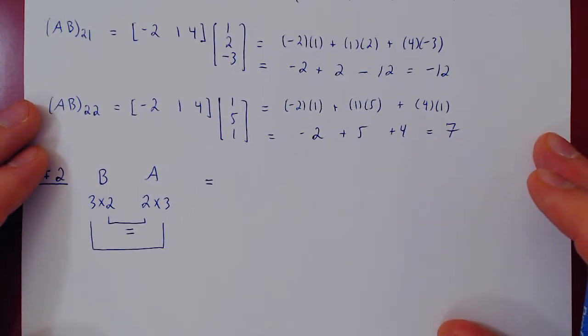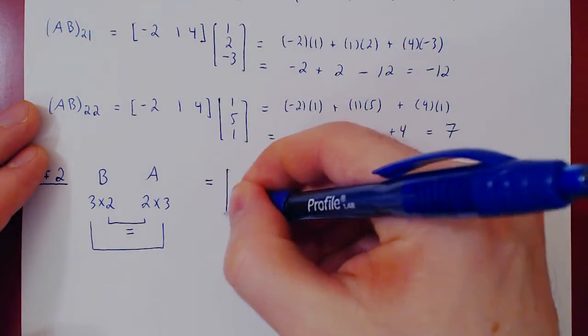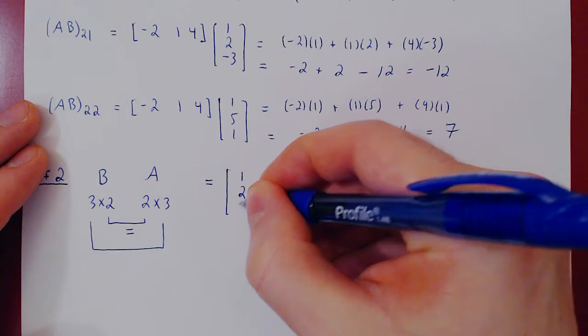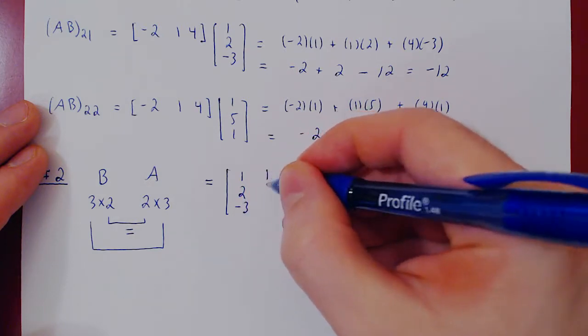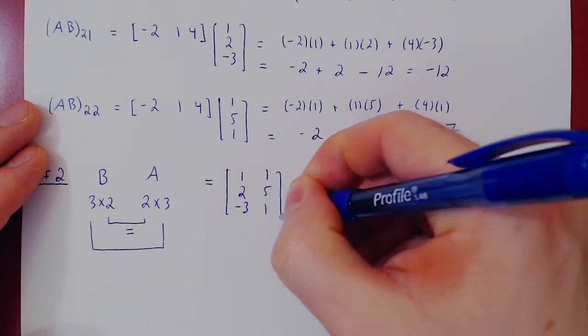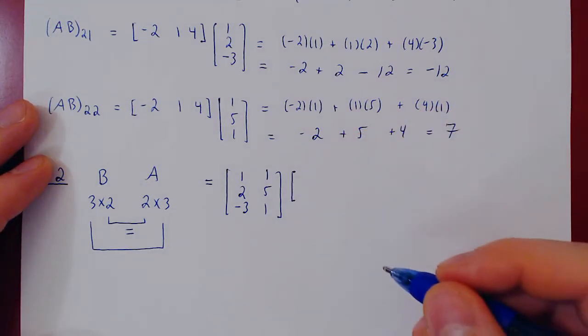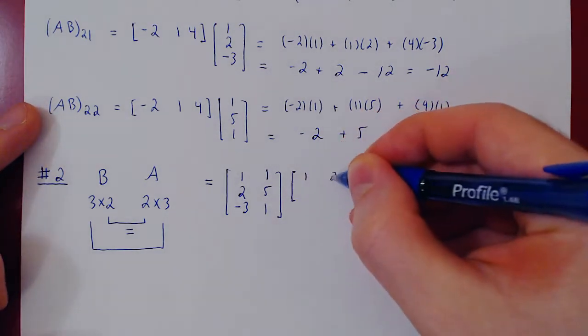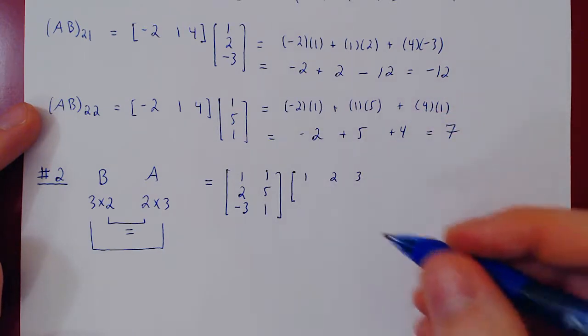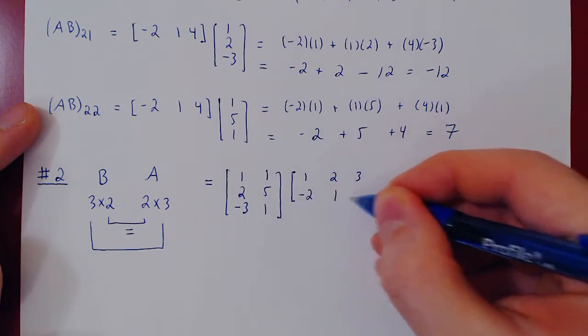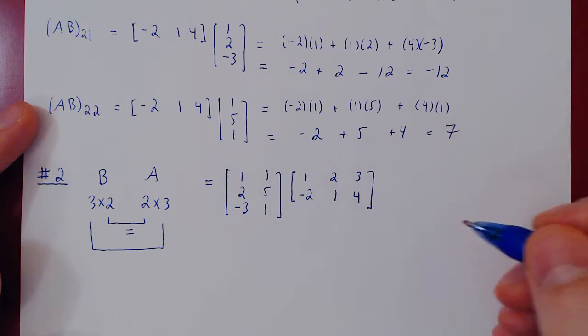Let me just write the two matrices. B was the matrix, if you remember, 1, 2, negative 3, 1, 5, 1, times the matrix A, which was 1, 2, 3, and then negative 2, 1, positive 4.